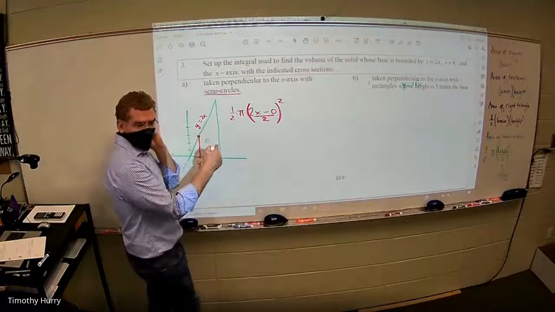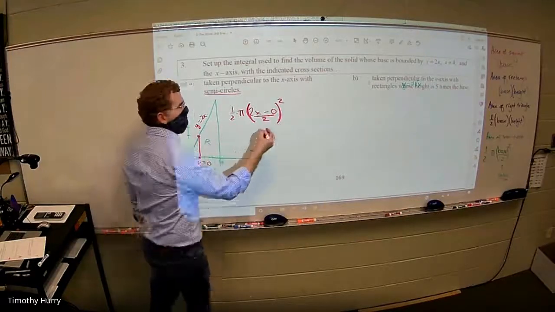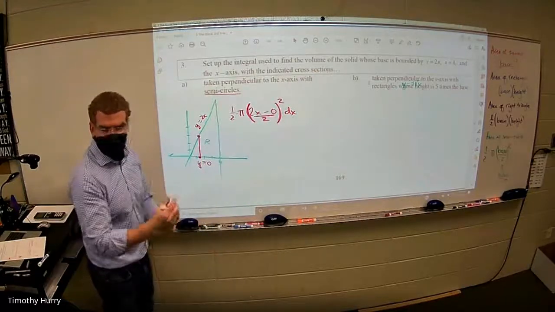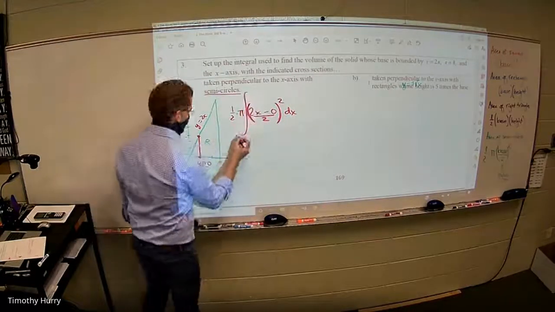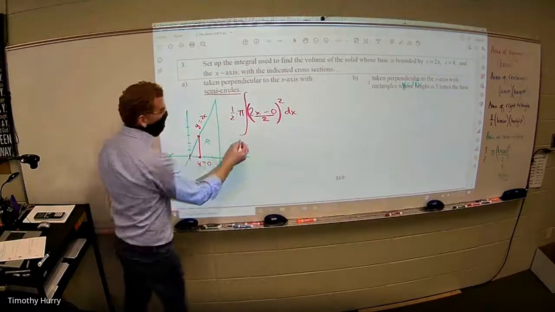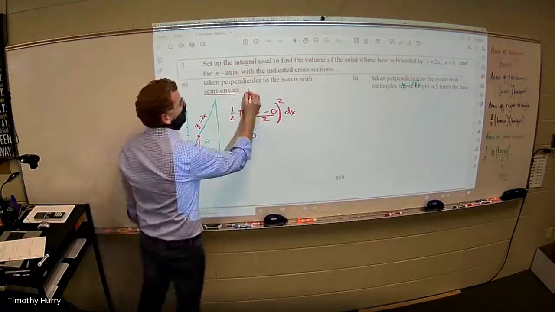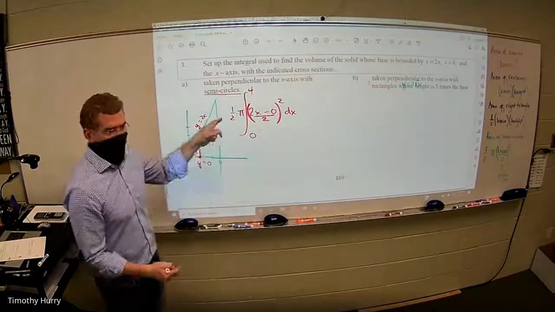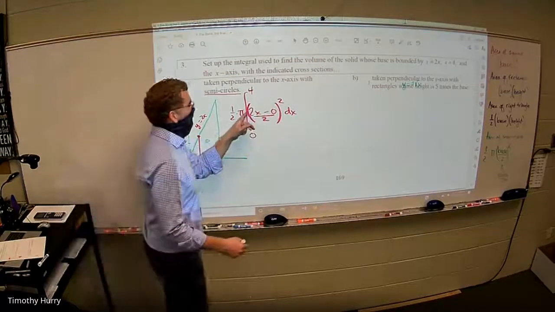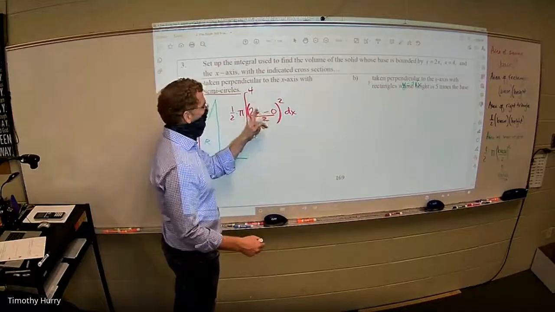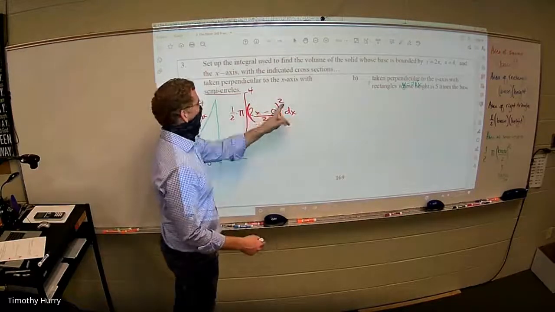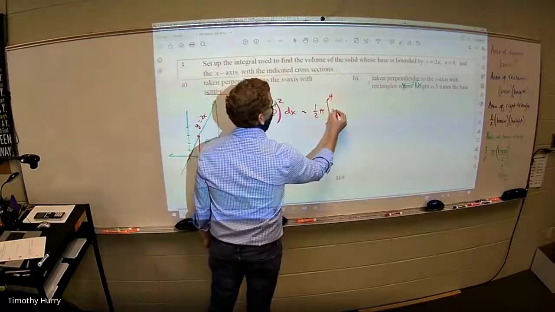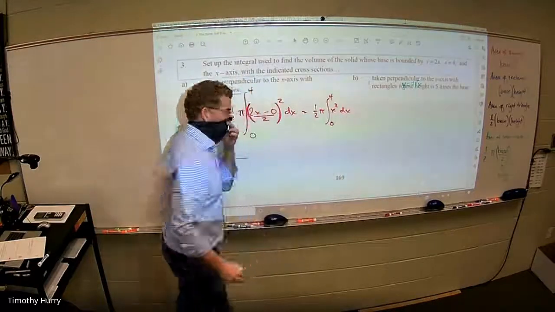So that's area. What do I do to make this a volume problem? Give it a little width, and now I've got some thickness to my semicircle. And then you're going to integrate all of this from 0 to 4. And again, you're not going to see this. You're going to see 2x minus 0 is 2x, 2x over 2 is x, x squared. So what you're going to see is 1/2 pi x squared dx.